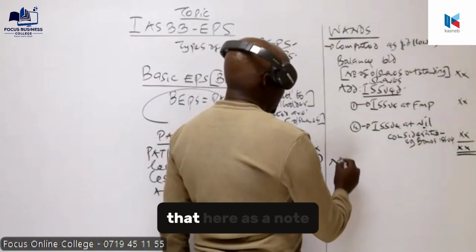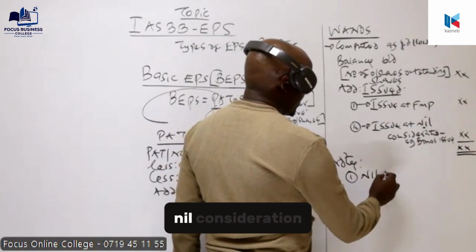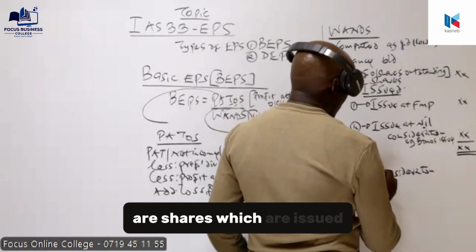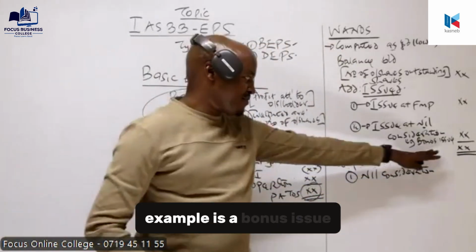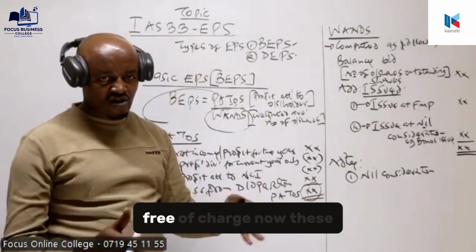Maybe I can just put that here as a note. Number one, those shares which are issued at nil consideration, I've said, are shares which are issued free of charge. A good example is a bonus issue. The shares are issued to the existing shareholders of the company free of charge.